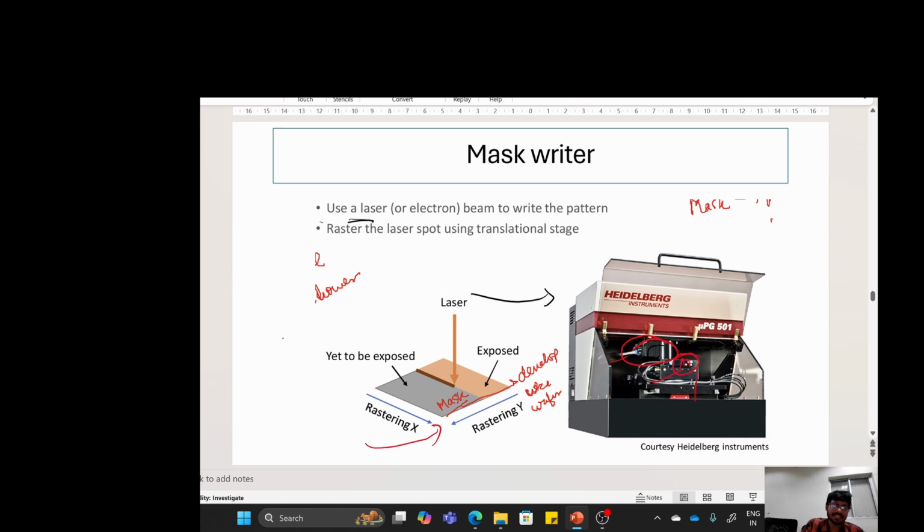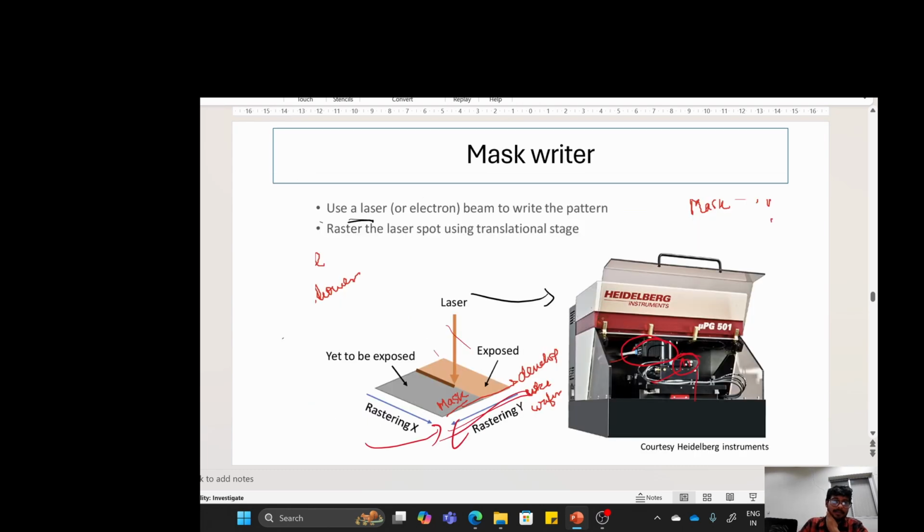Either the stage can move or the laser can move. Let us say the laser moves in a line, up and down, and raster scanning of the mask is done. So it writes pixel by pixel. When it completes, you can do the development and the other steps.